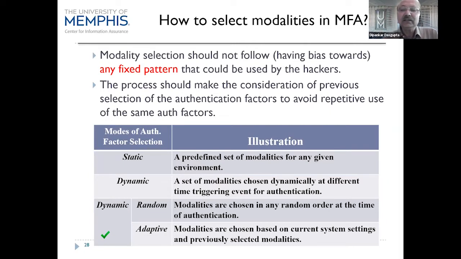That's where our work comes in. It should be unpredictable. What is coming next, how the user will be authenticated, is not known even to the user. So the process should take into consideration previous selections of authentication factors to avoid repetitive use of the same authentication factor. And that can be done.